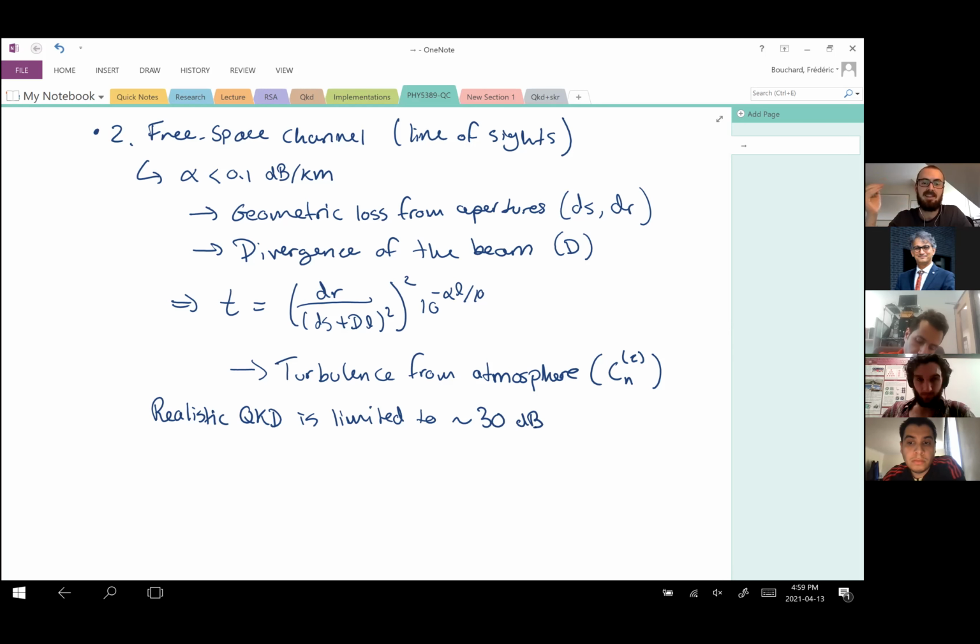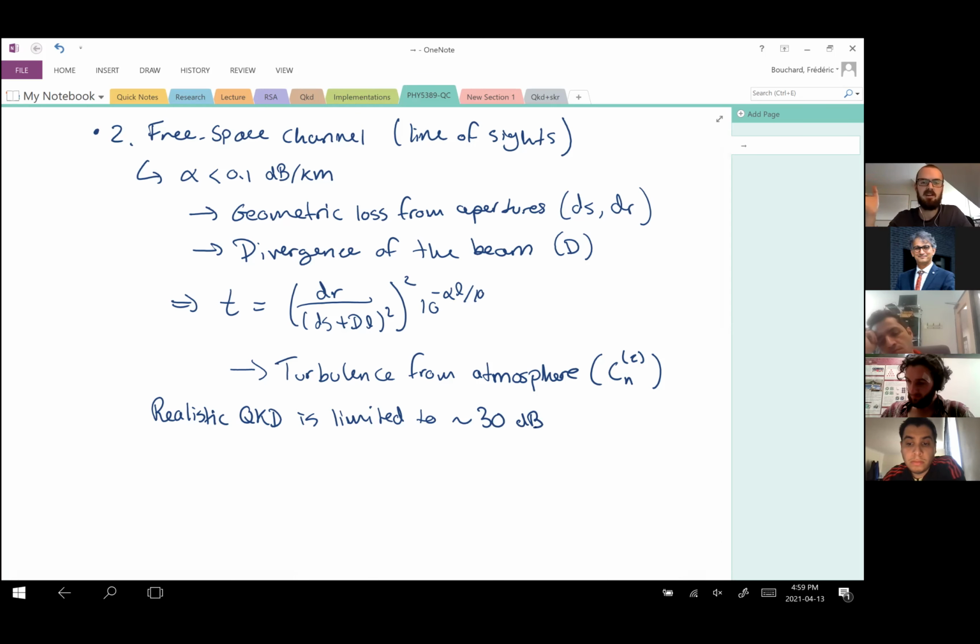At that point, your error rate will cross the 11% threshold. So if you have more than 30 dB loss, your QKD system won't really work. There are better systems that can go even up to 40 dB, but this is a rough estimate.